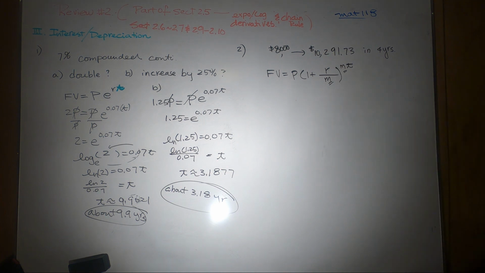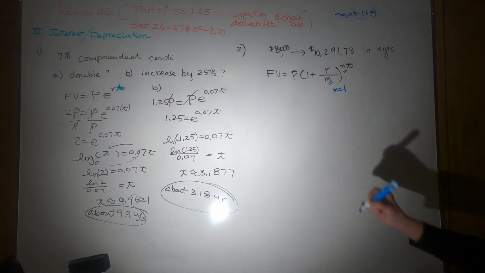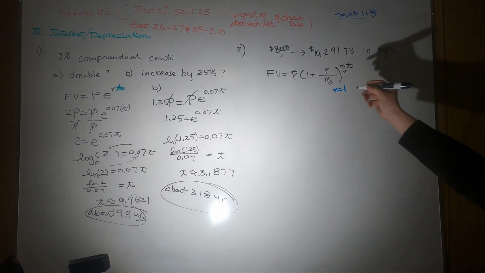That's your R. So for this question, when we calculate investment rate, usually we will compound annually. Okay, so if it is compound annually, it means what? Your M is 1, right?